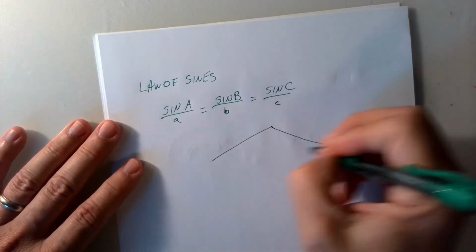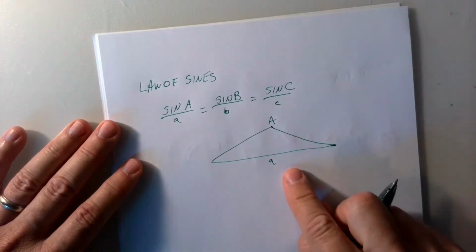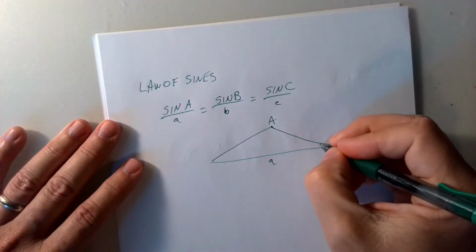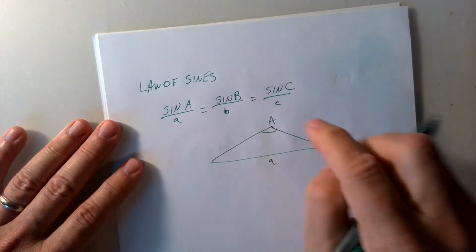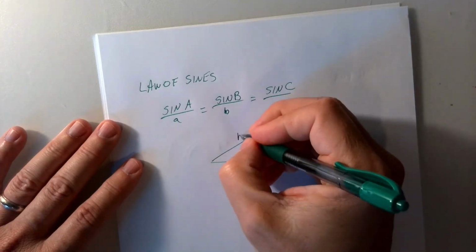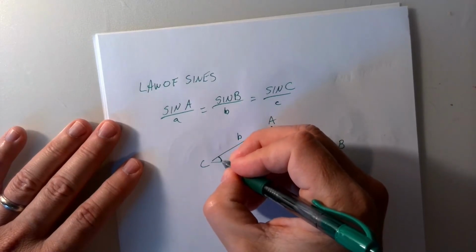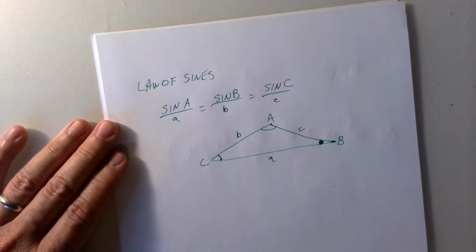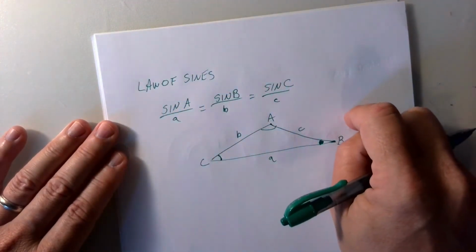If this is angle A, then the side opposite it is little a. If this is angle B, referring to this amount of opening, just like angle A, then little b is over here. And if this is angle C, referring to this amount of opening, then that's little c right over there. It's just ratios, so we're solving proportions with this.